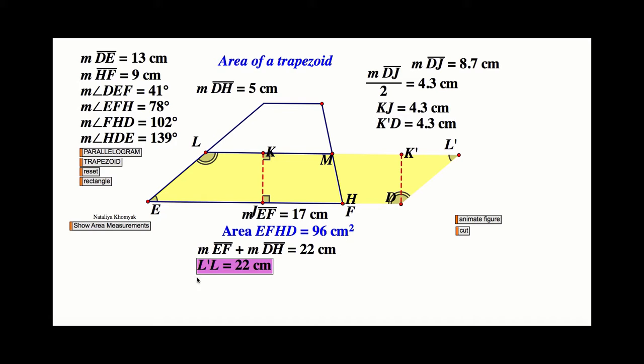Okay, so we have L to L prime is 22 centimeters, and the sum of the bases is also 22 centimeters. So adding length of the two parallel sides of the trapezoid gives you one side of a parallelogram of that thing. Now, how do you calculate area of a parallelogram?